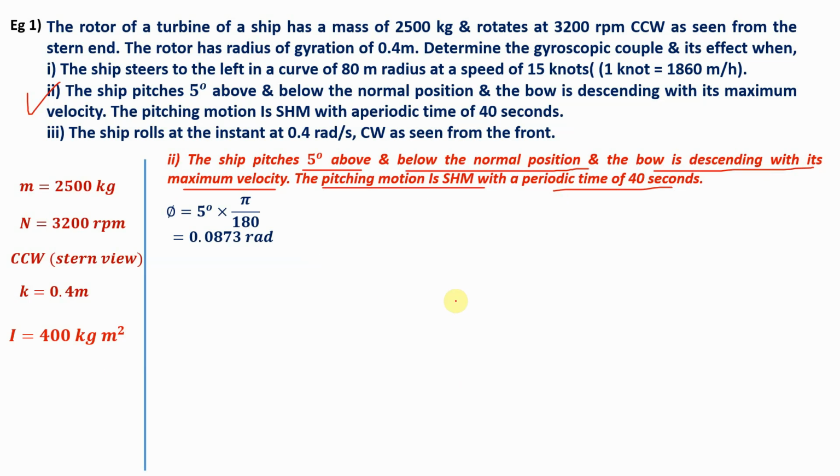The ship is pitching about the transverse axis, that is its bow is moving up and down, and maximum displacement of the bow from its mean position is 5 degrees. So we will convert these 5 degrees into radian by multiplying it by pi by 180. So we get phi equals 0.0873 radian.